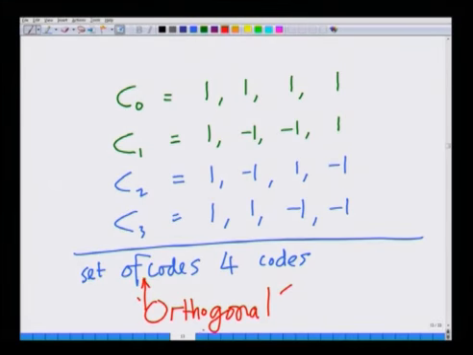You can take any two of these codes, compute the dot product, and see that they are orthogonal. For instance, I will take C2, that is 1, minus 1, 1, minus 1, and take its dot product with C1, which is 1, minus 1, minus 1, 1.